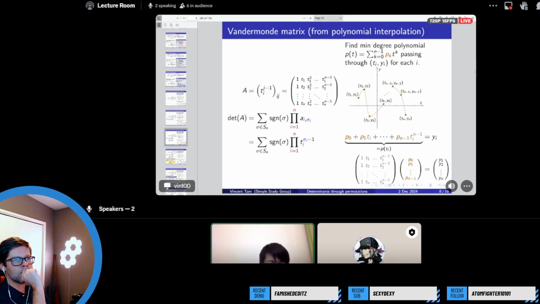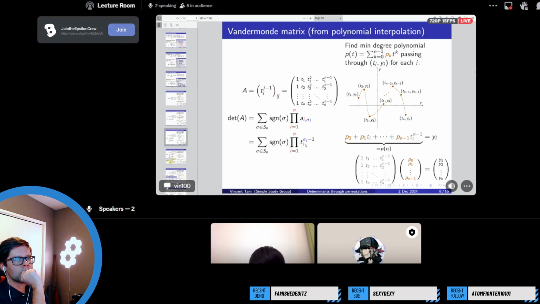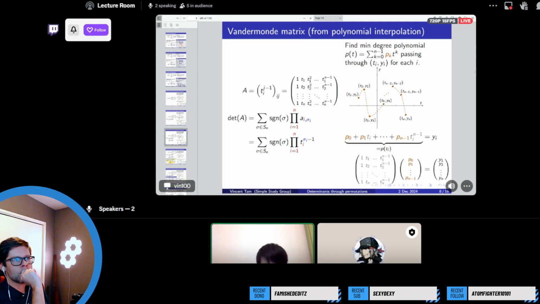I represents the row index, and j represents the column index. That's the usual way of representing things. And this is just recalling the definition here.